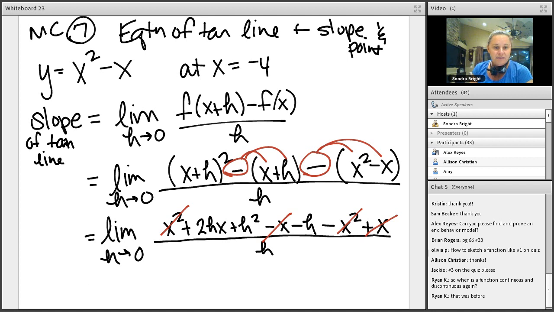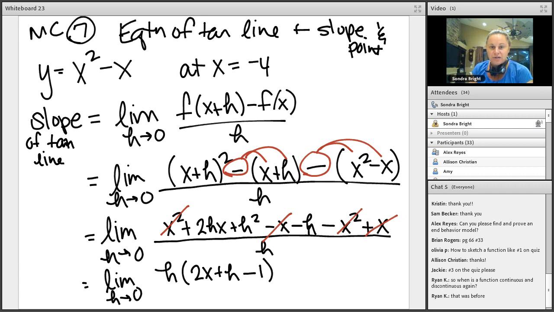So yay. This is the limit as h goes to 0 of, I'm going to factor out an h. I would be left with 2x plus h minus 1. Don't forget this. There's an h right here. When you factor out the h, there's a 1 left. That's all over h. Cancel those out.